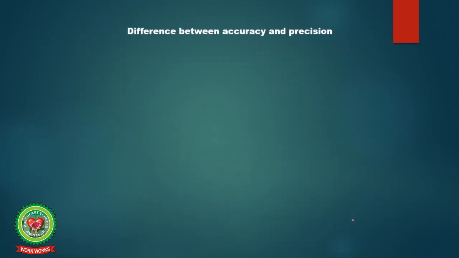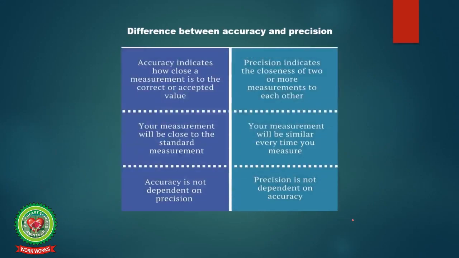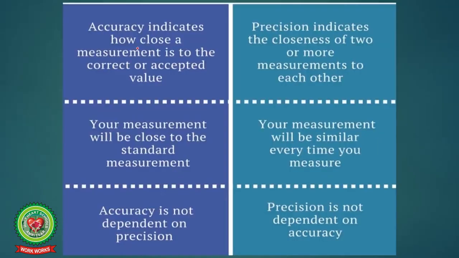Now, what is the difference between accuracy and precision? Accuracy indicates how close a measurement is to the correct or accepted value. Correct or accepted value means true value, how close you got to that value. Precision indicates the closeness of two or more measurements to each other, where the same instrument gives the same results every time.